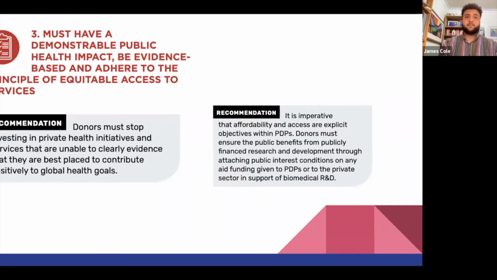And looking specifically at the case of PDPs and research, that will be expanded on further within Mohga's intervention, we think it's imperative that affordability and access are explicit objectives within PDPs.